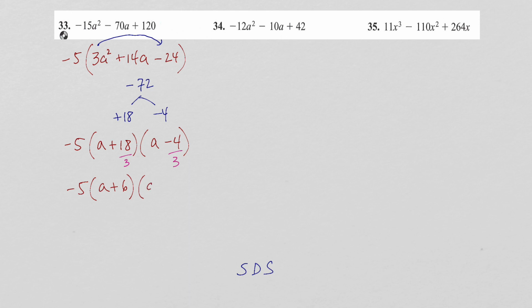Actually, this one can't reduce, so I just leave it alone. Now, this one doesn't have a fraction, so I don't do anything with this, but this has the denominator, so I'm going to slide that back over. And I'm going to end up with negative 5 times a plus 6 times 3a minus 4.